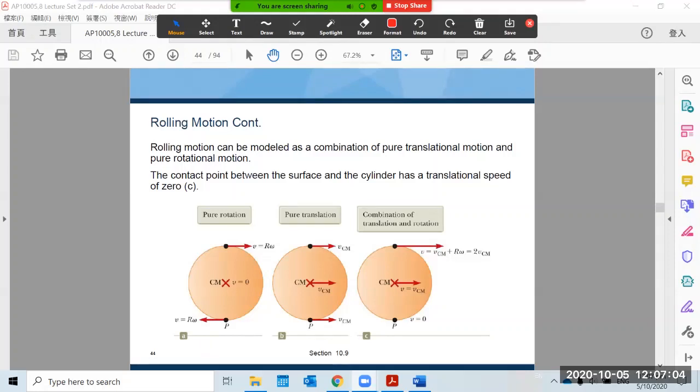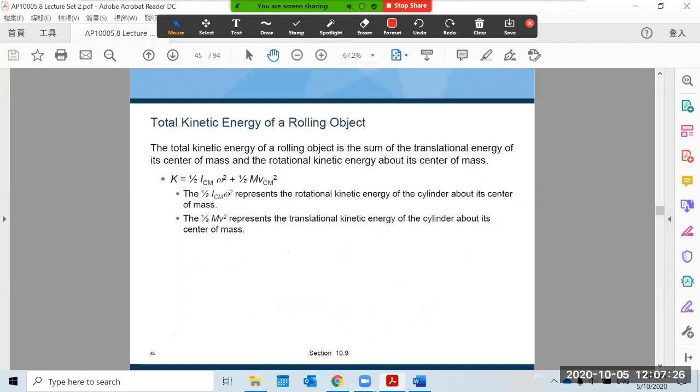That is why when we talk about the frictional force a few chapters ago, we say that it is not a kinetic friction because the object is not sliding on a surface, but it is rolling. So there is actually zero velocity at the point of contact. And the frictional force in that case would be a static friction instead of a kinetic friction.